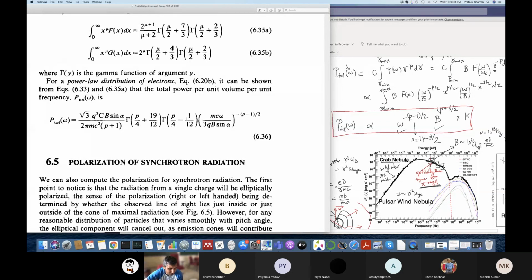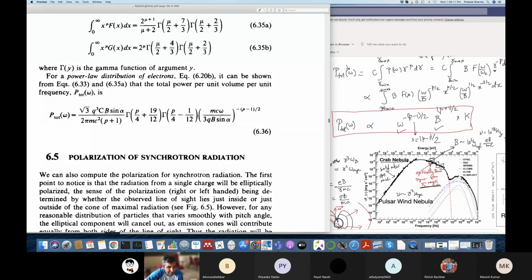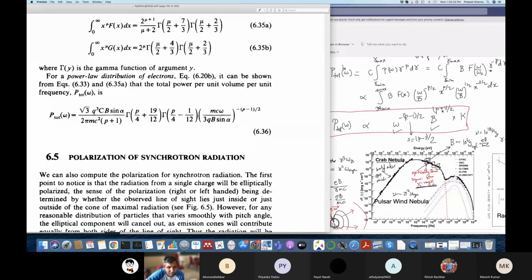There are these factors, of course, which depend on the power law spectrum, gamma to the minus p, and that p index. But you see the B dependence: there is a B here and there is a B to the power of minus (p minus 1)/2. I'm actually a little confused because here I have B to the power of (p plus 1)/2.